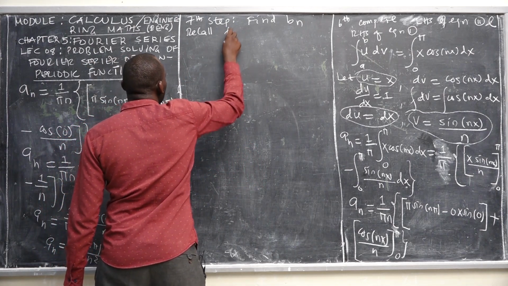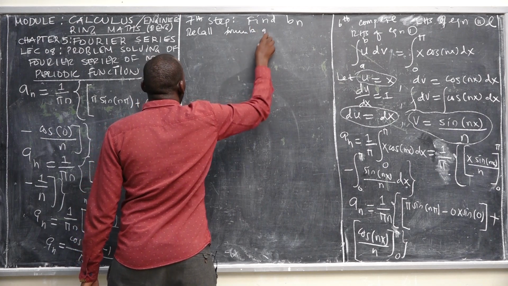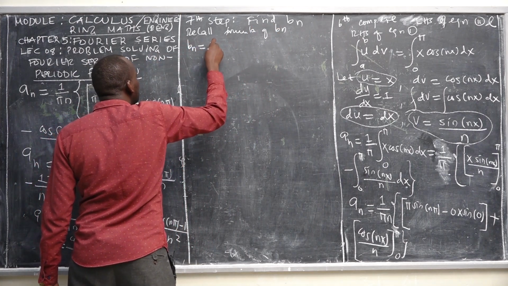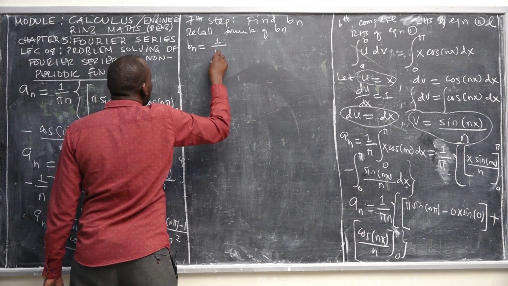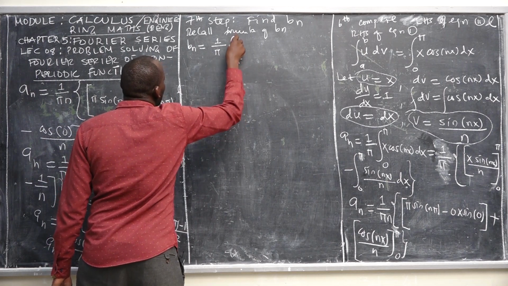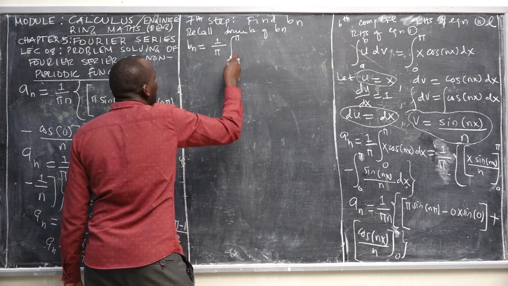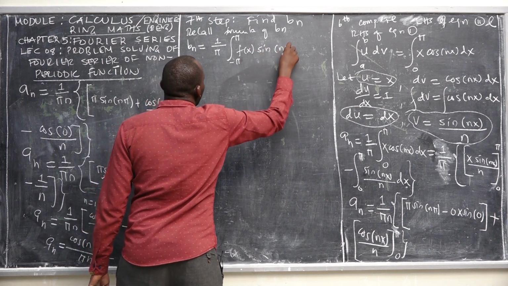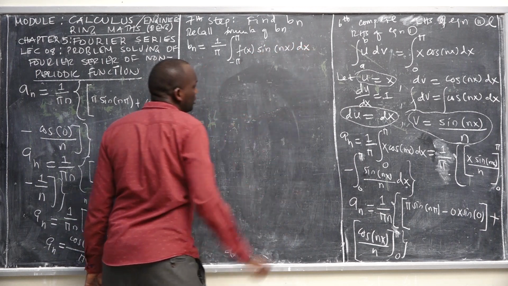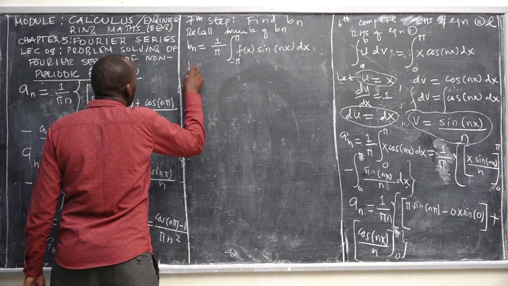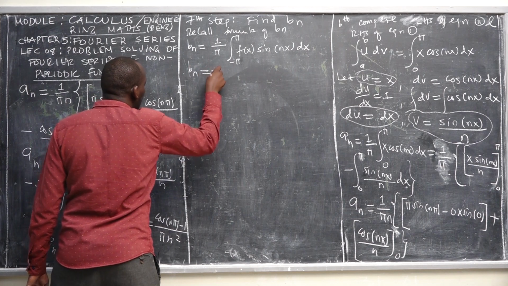So recall the formula of Bn. Class, tell me, Bn is equal to what? 1 over pi, integral of f(x) sine of nx dx.